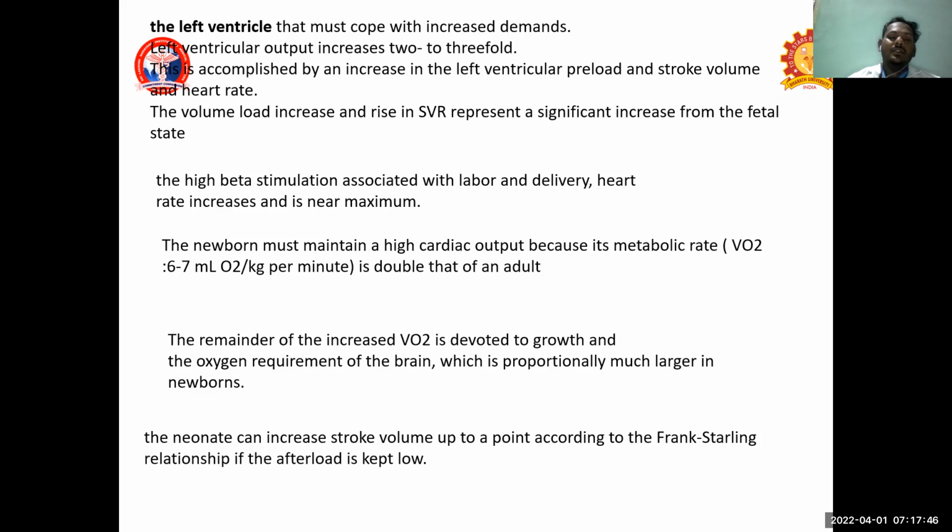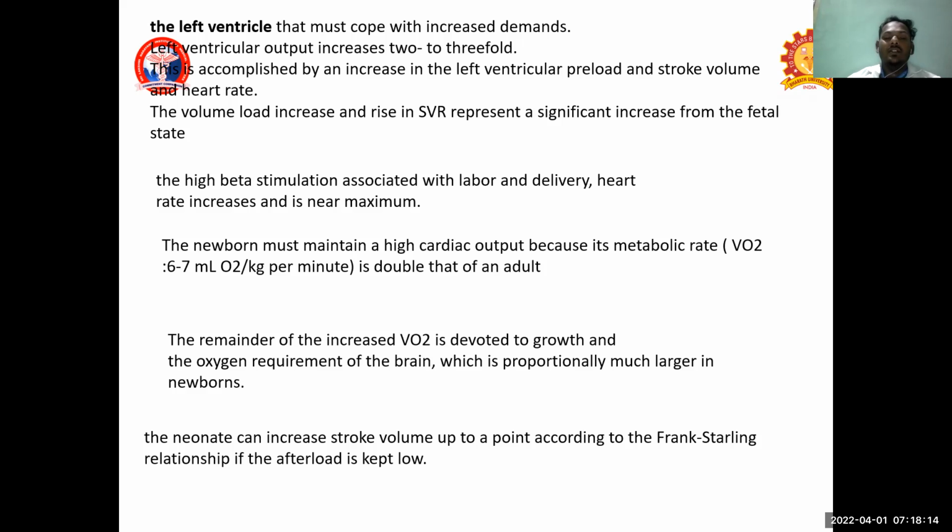This is accompanied by an increase in the left ventricular preload, stroke volume, and heart rate. Volume load increase and rise in SVR represent a significant increase from the fetal side. With the high beta stimulation associated with labor and delivery, heart rate increases and is near maximum.